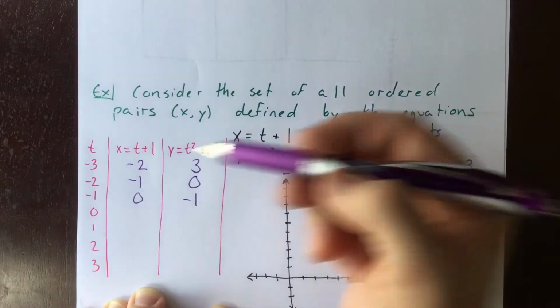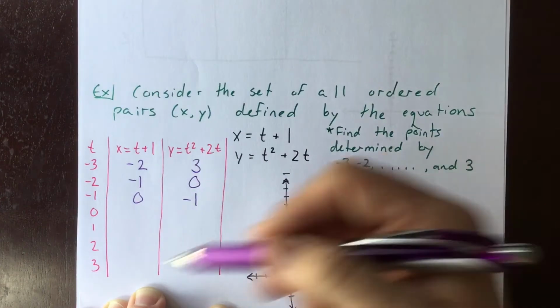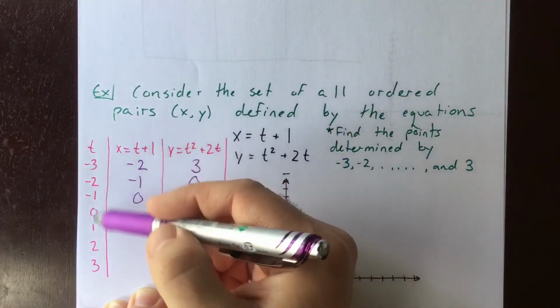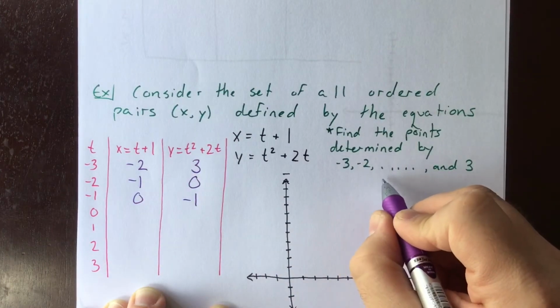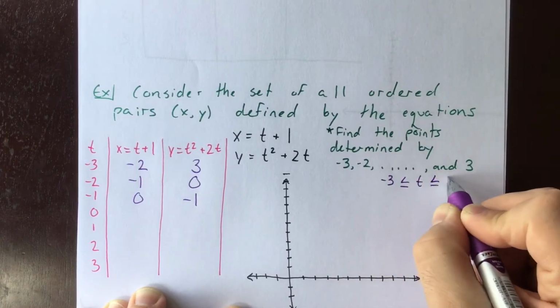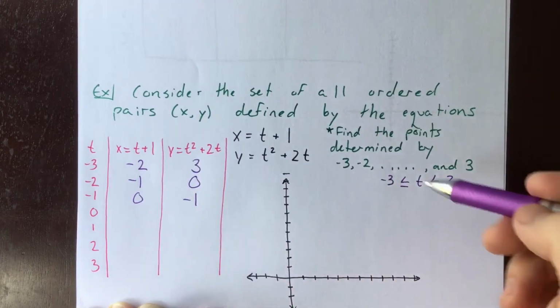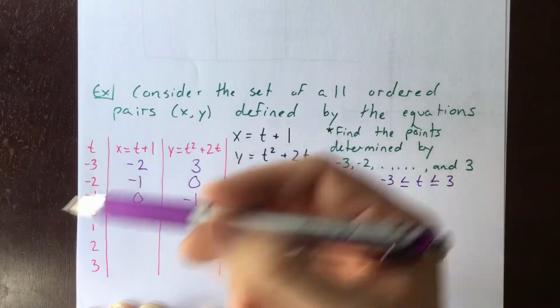You might be wondering, are we always going to have the given t interval? Typically, yes. Whether you're given a table and they tell you what t values to use, or they'll write to the side something like -3 less than or equal to t less than or equal to 3. You'll be given that, okay? And we often assume that the increment, the change between each t value, is 1.